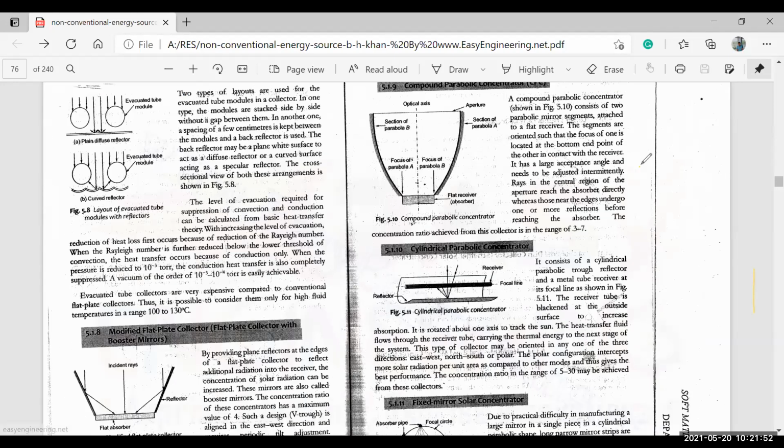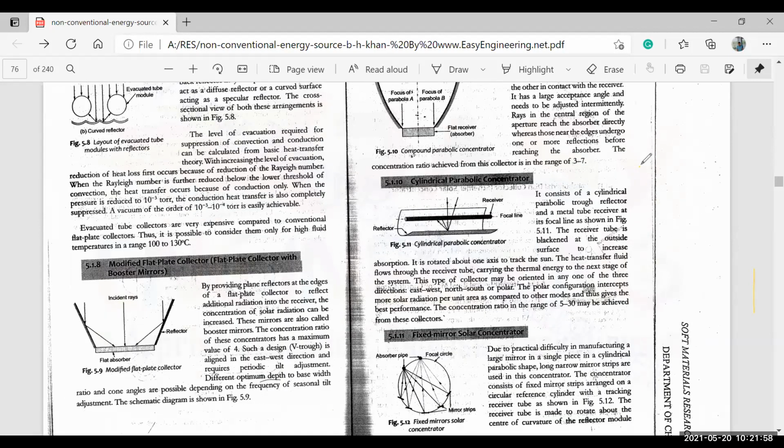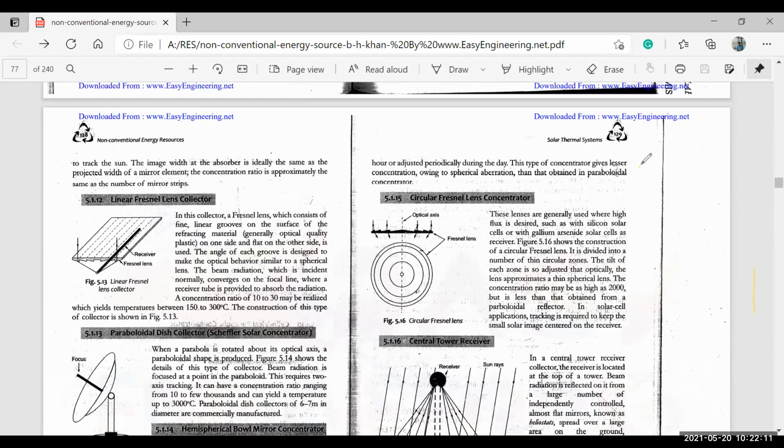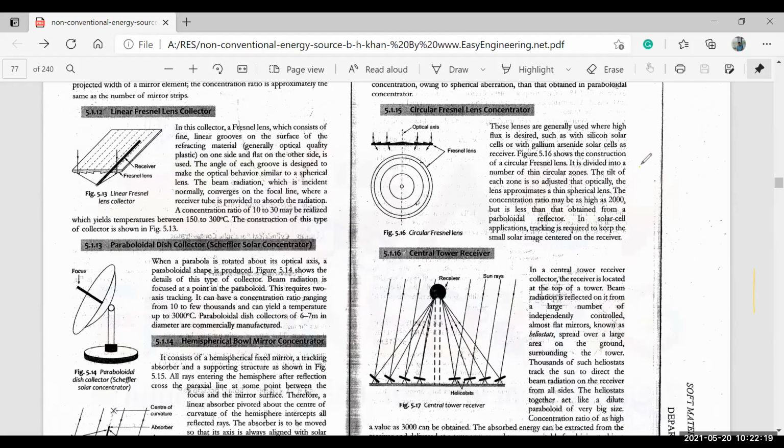See over here, it is falling at this, so it will come as a line. This is reflecting at this entire line. This is focusing at one particular point, so it is a point concentration. Over here also it is on the line, the linear Fresnel lens collector. In this it will be a line, not a point.